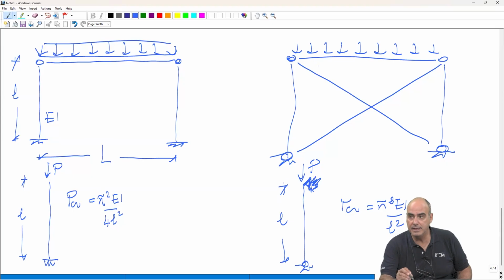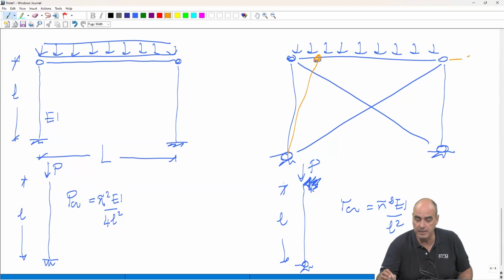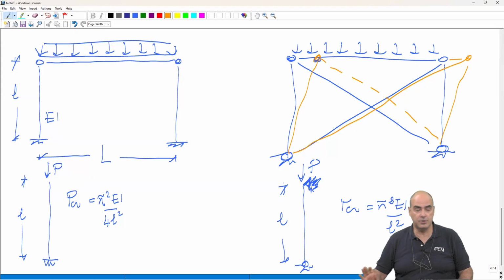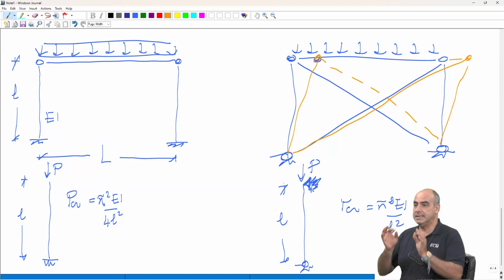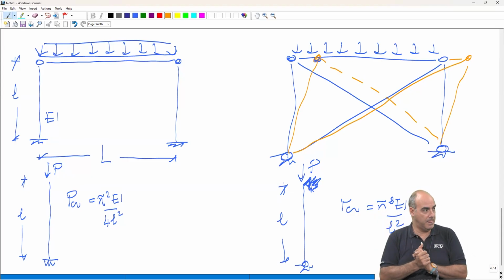If you like to, let's use another color. Let's use the orange. If we would like to give a sway movement to this structure, we can do it, surely. And the columns, since they are hinged, will simply rigidly rotate.